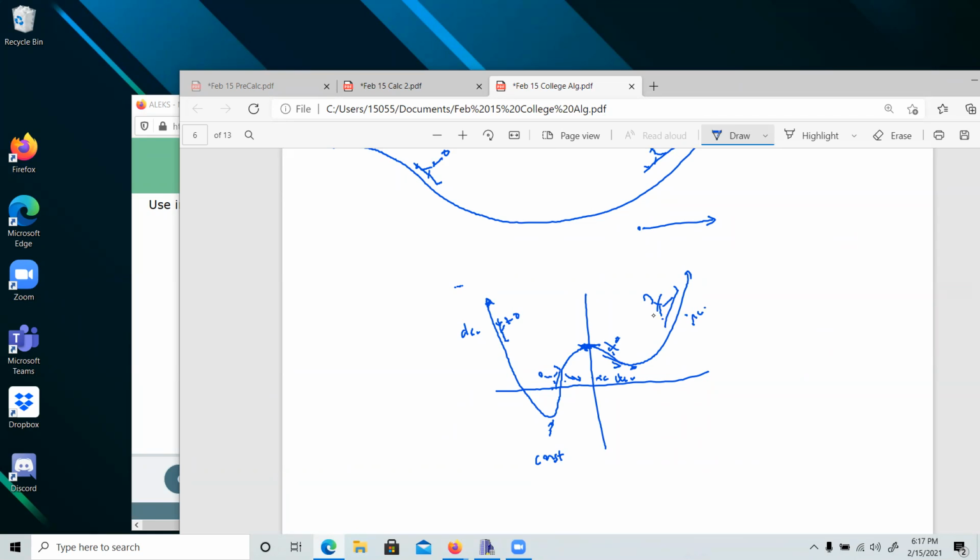I know it's a really simple concept, and I'm sorry I spent more than 2 minutes on it. But it's one of those things where when students get this wrong, I honestly do feel bad for them. I'm like, come on, this was the easiest one. I know increasing and decreasing.